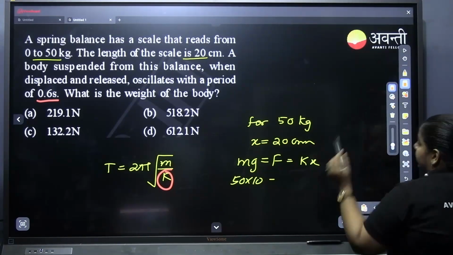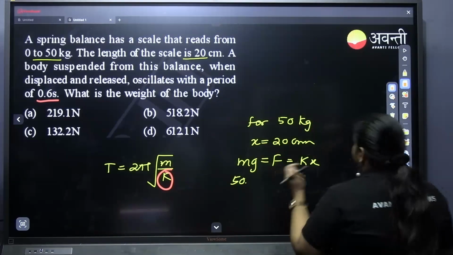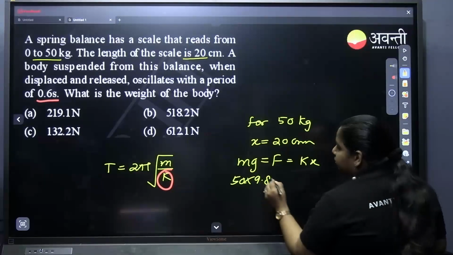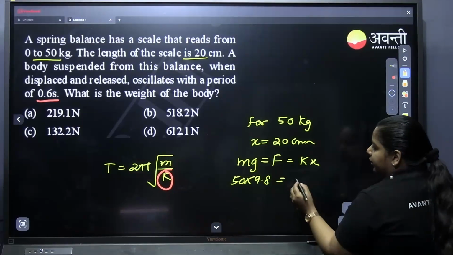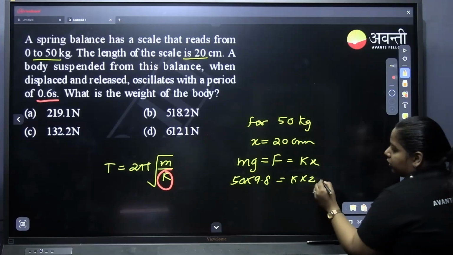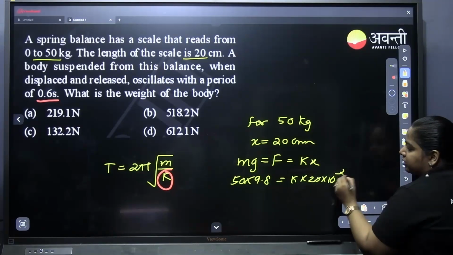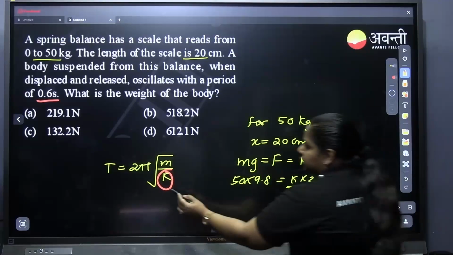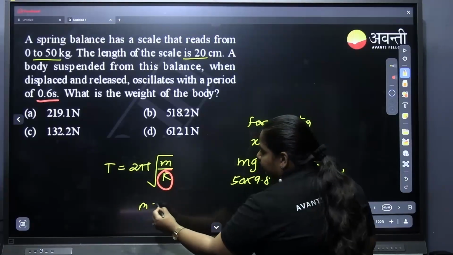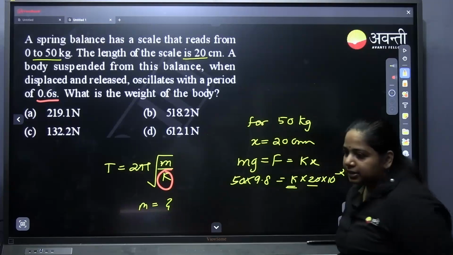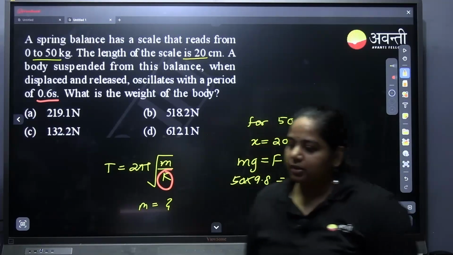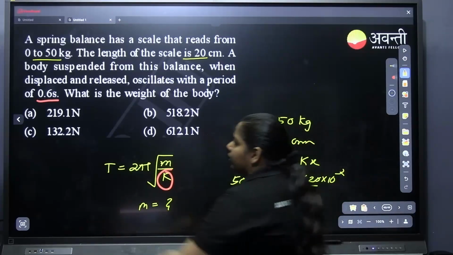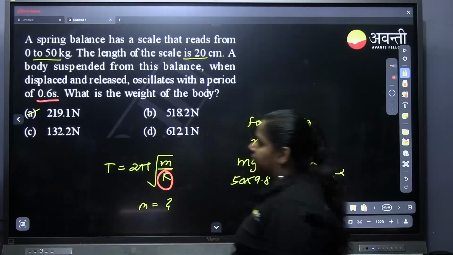In this question take 9.8. 50 into 9.8 is the force, equal to k into 20 into 10 to the power minus 2 meter. From this you can get the value of k, substitute it here and find m. This is the step. Is that clear for all? I am not going into the calculation, there is no time. You will get the answer A.